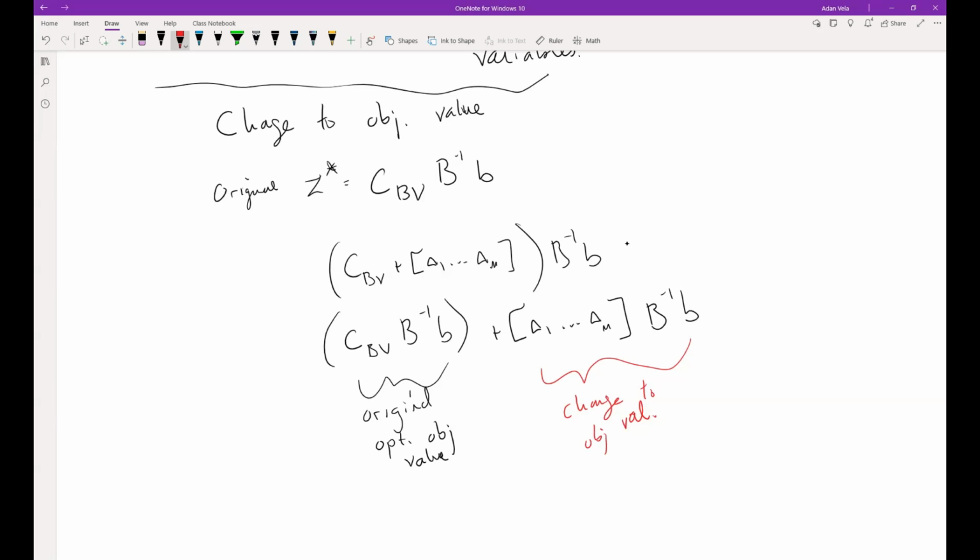So we can calculate the change to the objective value if we wiggle one of the parameters a little bit. So this is kind of neat. Just because you increase the coefficient C by 1 doesn't mean you're going to get a linear increase by that 1, right? So let's say before you were making 10 trains as your optimal solution. And you said, hey, instead of charging $10 for 10 trains, I'm going to charge $11, right? So I'm going to increase my sale price by $1.